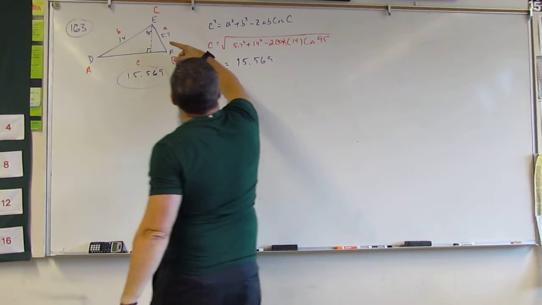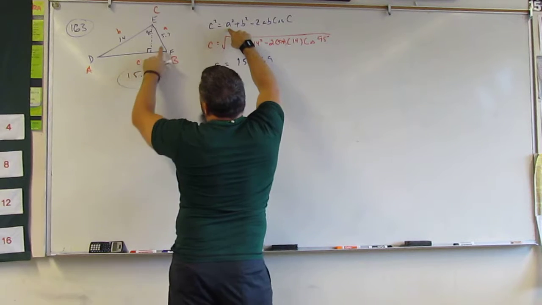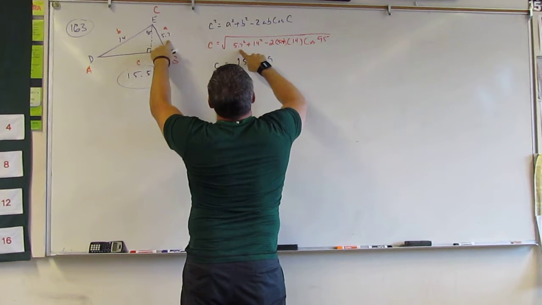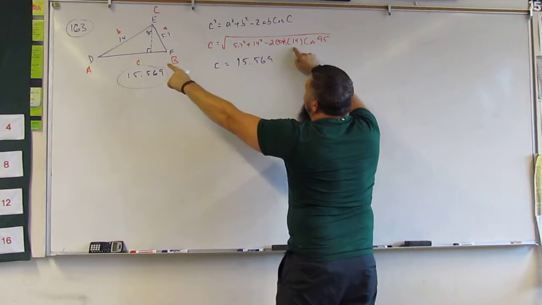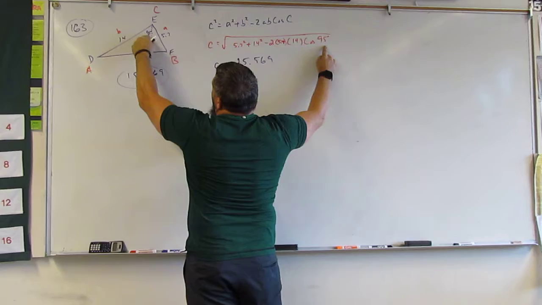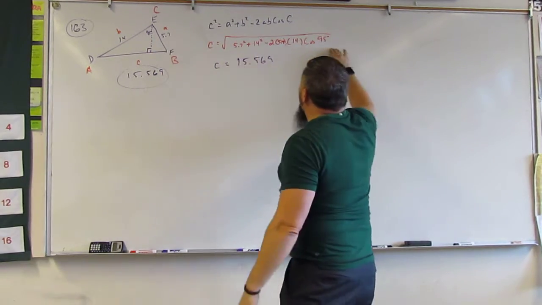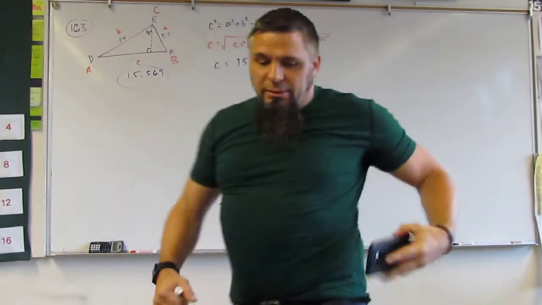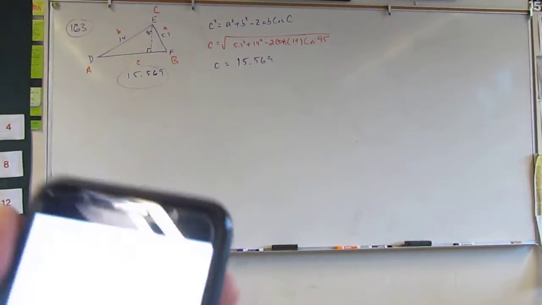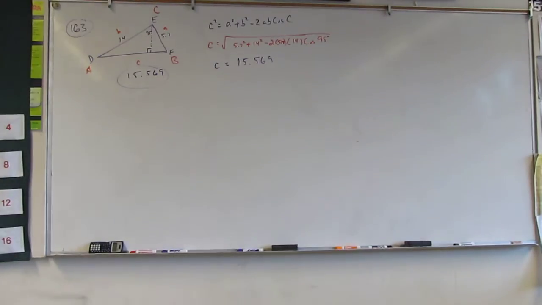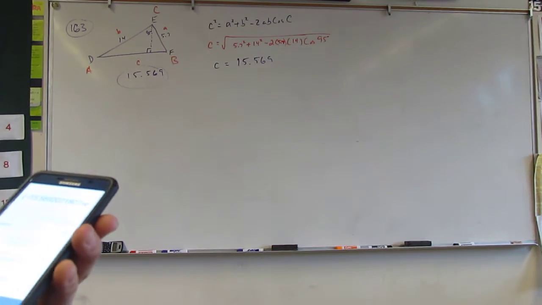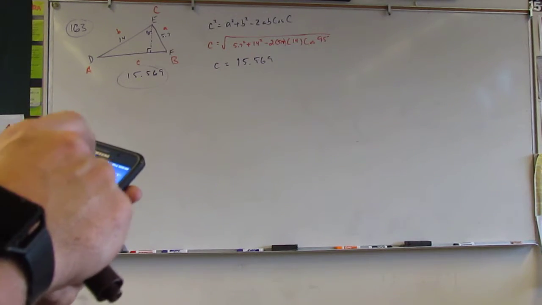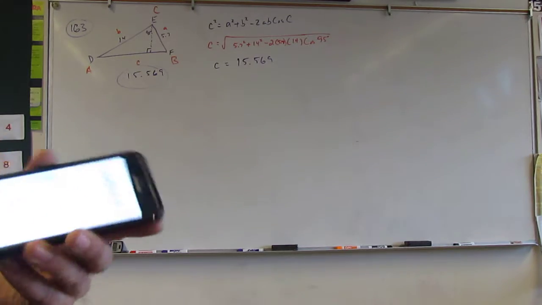And then I plug in a is 5.7, b is 14, a and b again, and the cosine of the 95 degrees that they gave us. And then I plug that into my calculator. Let's just go ahead and redo it. Let's go c.